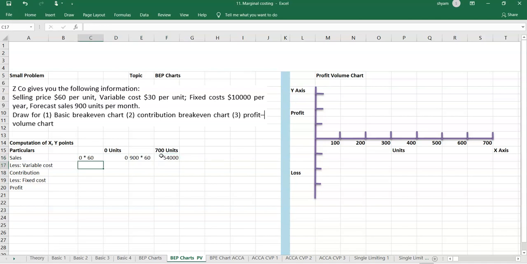So for 0 units it's going to be 0, and for 900 units, 54,000. So there are going to be 2 points here. First we'll mark these 2 points. We'll get a line.